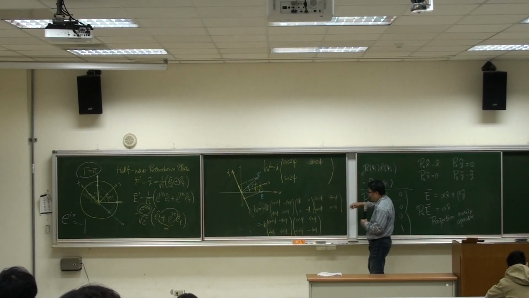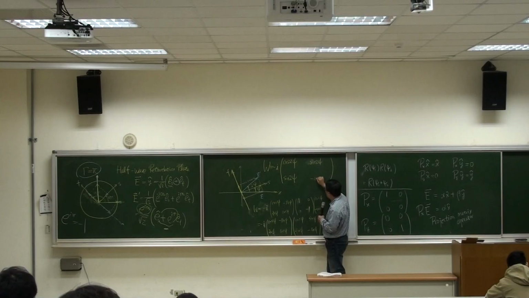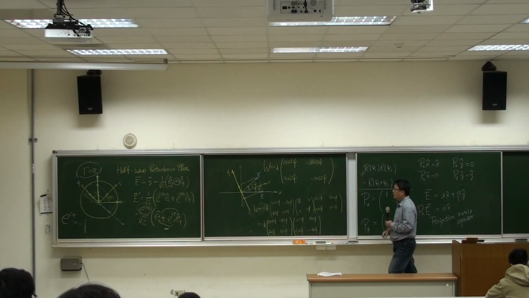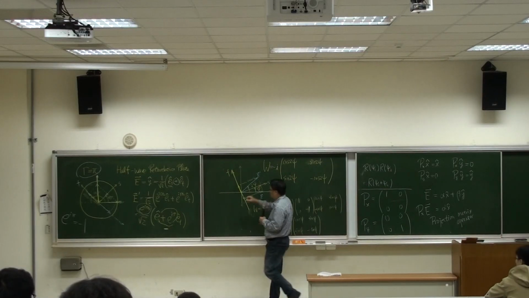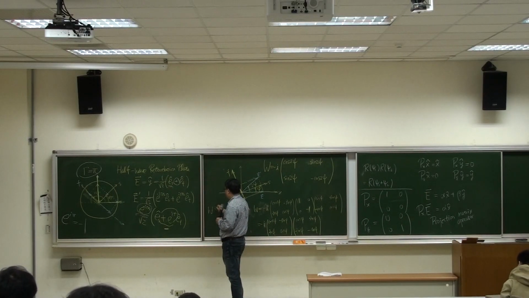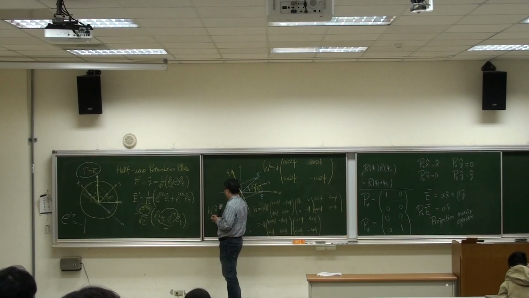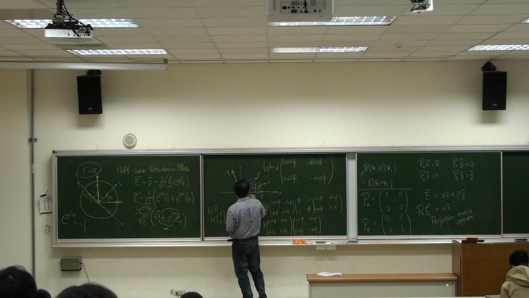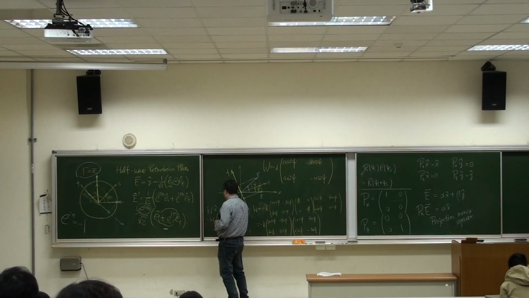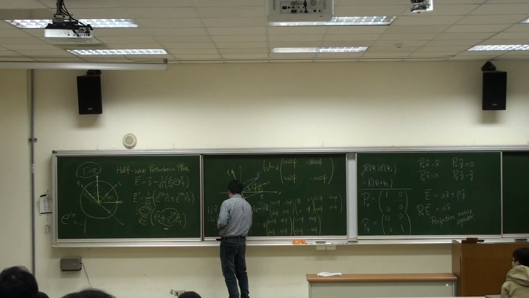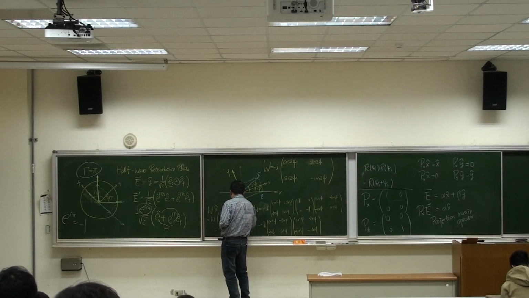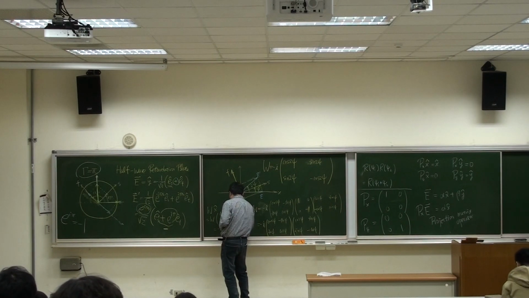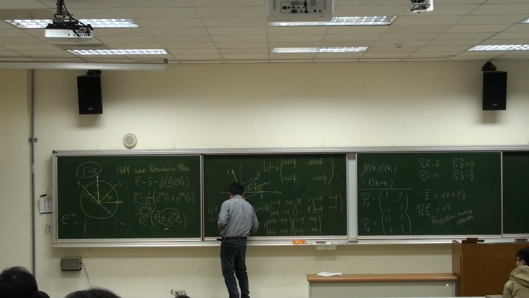And then finally minus cosine 2 psi. So you see, if we multiply W to X, which is 1, 0, we get minus i times cosine 2 psi, sine 2 psi.